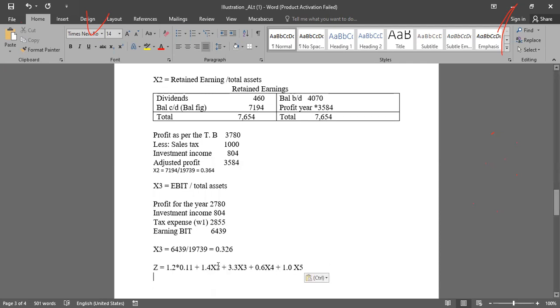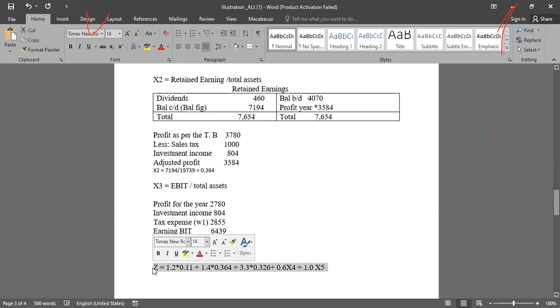Okay, so it is X2 times 0.364. Then X3 is times 0.326.